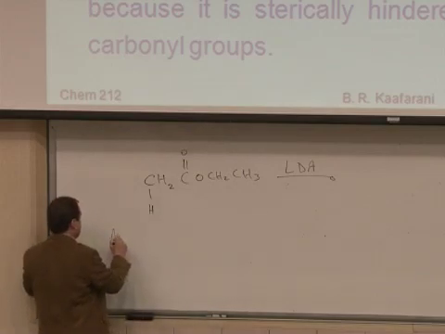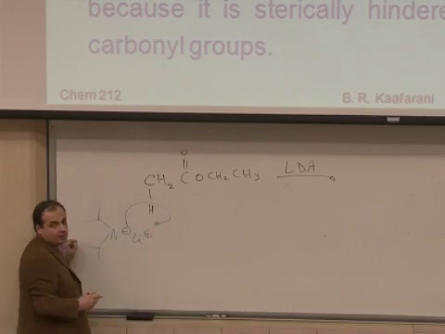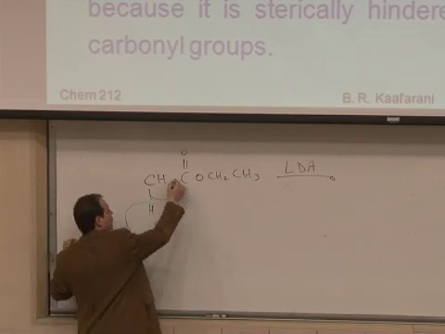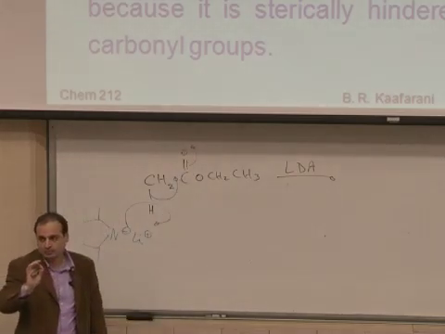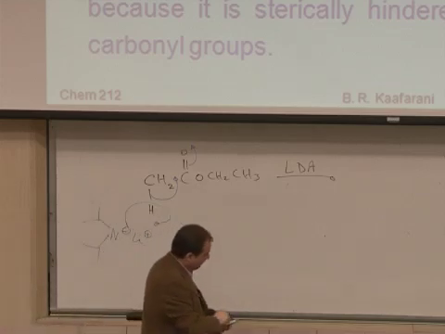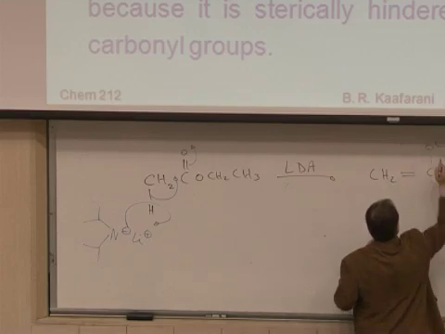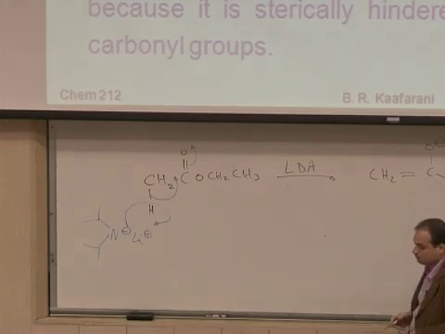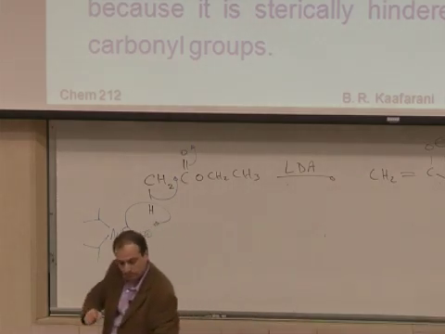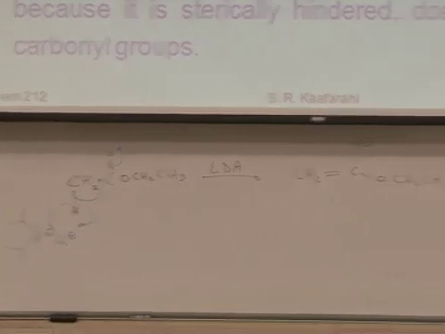So the LDA, this N minus, is going to pick up the alpha hydrogen, and you will form the enolate quantitatively, 100%. So you form CH2 double bond C, O minus, O, CH2, CH3. So you can form an enolate out of an ester by using a stronger base, which is LDA.